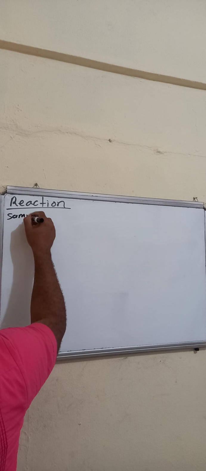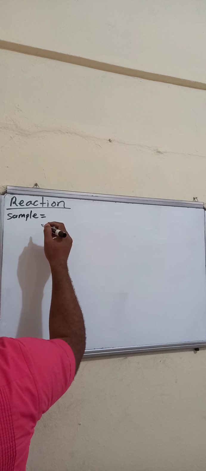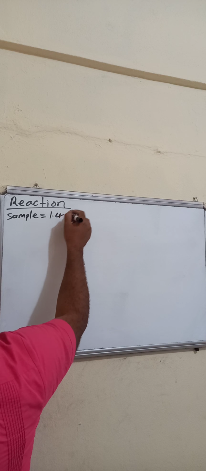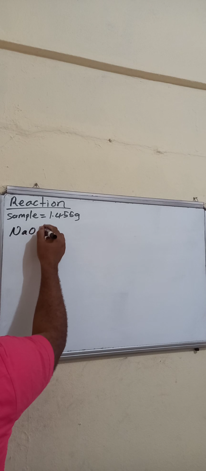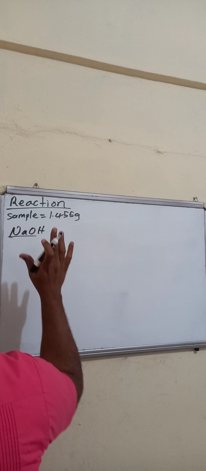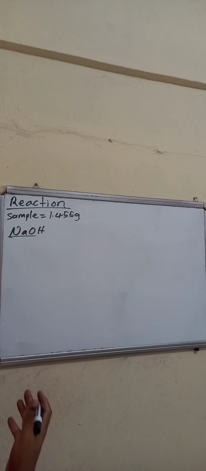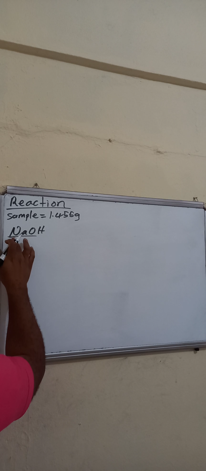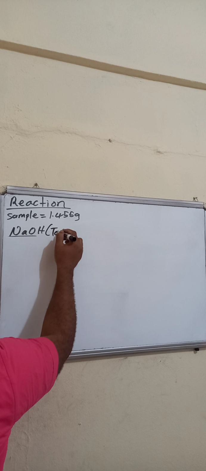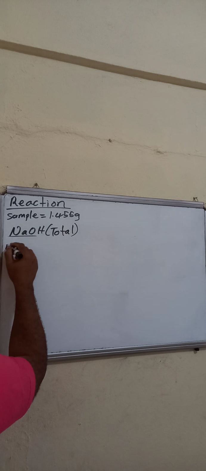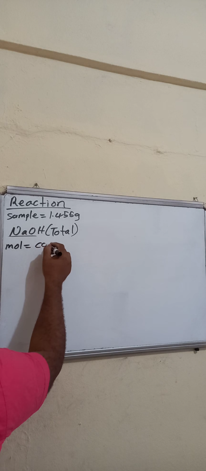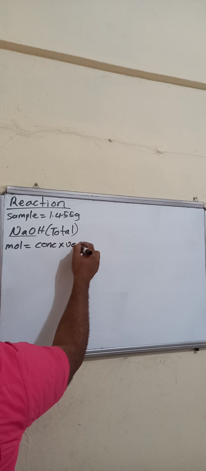So this sample is 1.455 gram, and we know we reacted with sodium hydroxide. You would have written the volume and the concentration, so we know we can use that. Alright, and remember, whatever is used in the reaction, that's the total. So the mole of sodium hydroxide is concentration times volume.